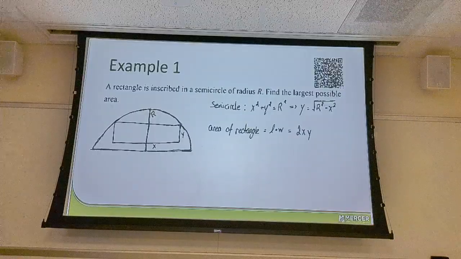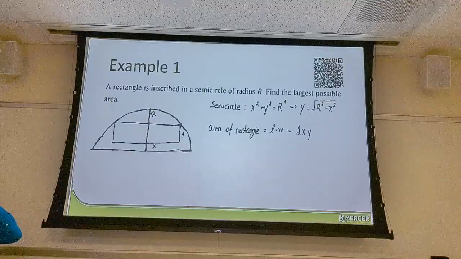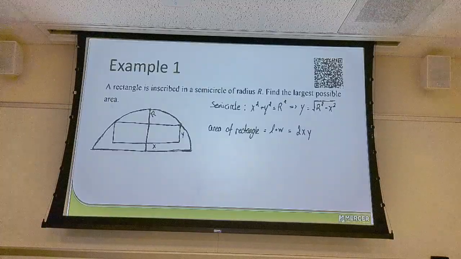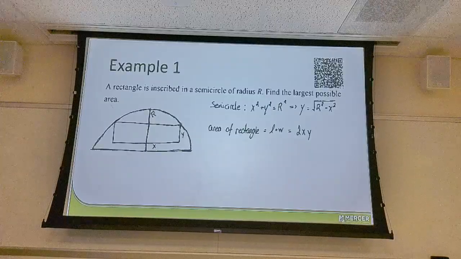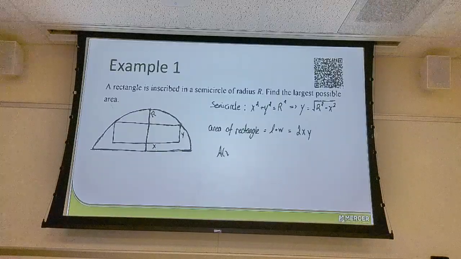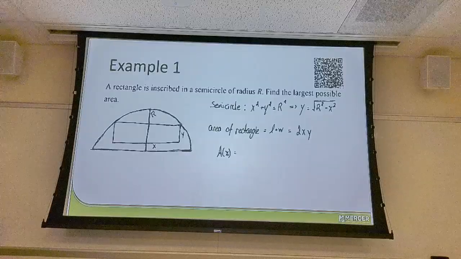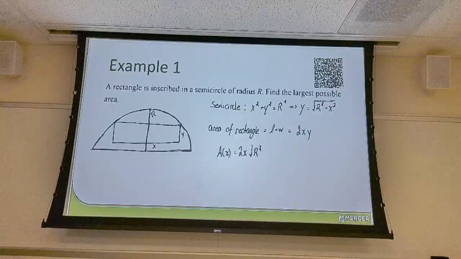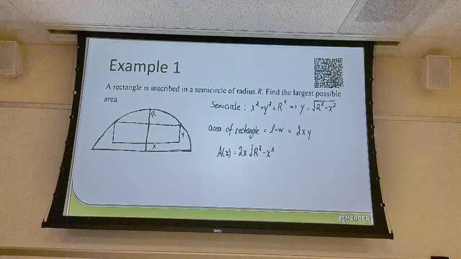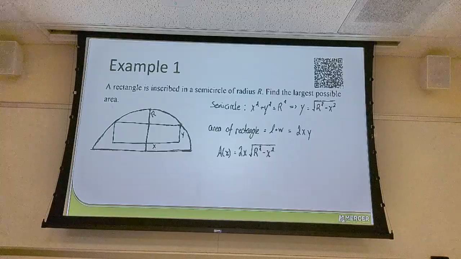Right? Length is twice x, so I'm saying x is only from the center, right? But we just said what y had to be. So area as a function of x: 2x times the square root of r squared minus x squared.